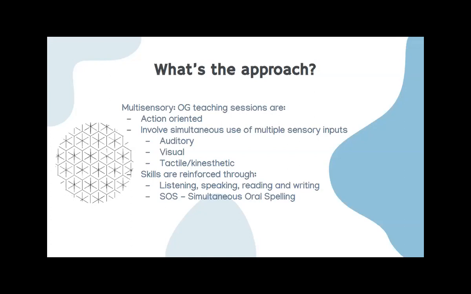And the point of that is that it really helps with the possibilities of storage, retrieval, and memory of skills that students are learning. The skills are reinforced through listening, speaking, reading, and writing. And one thing that you'll hear in the Orton Gillingham approach is the suggested use of simultaneous oral spelling.